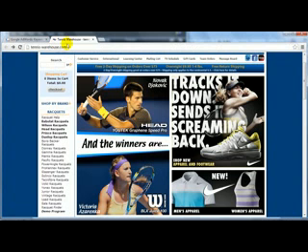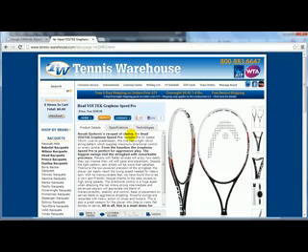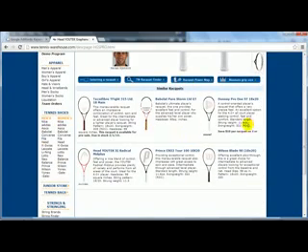Okay, so let's say, for example, that I go to tennis-warehouse.com and I look for a specific tennis racket. And I'm looking for something that has like the model number and everything like that. So let's say, for example, the Denier Pro 197. And let's see what we see in Google.